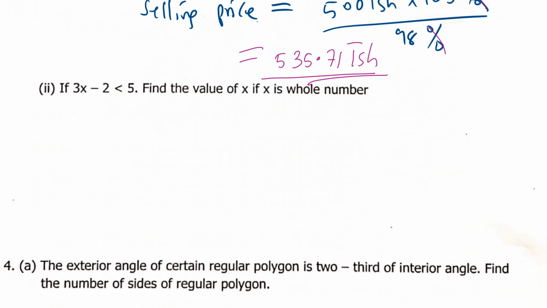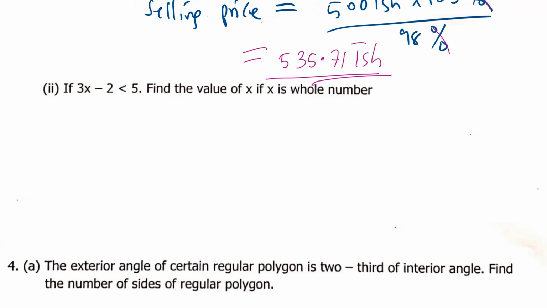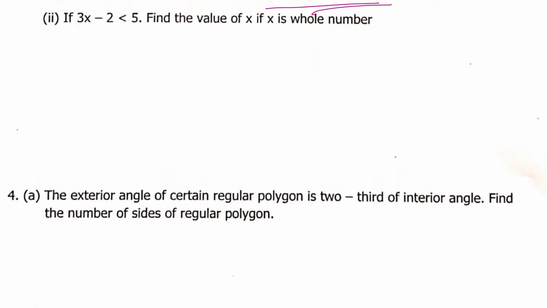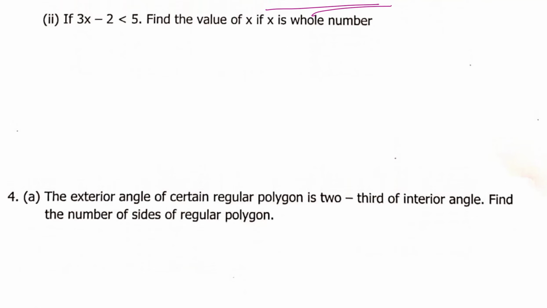We go to question number 3B, part 2. Find the value of x. If 3x minus 2 is less than 5, find the value of x if x is a whole number. So 3x is less than 5 plus 2. We took 2 to the other side. It means 3x is less than 7.